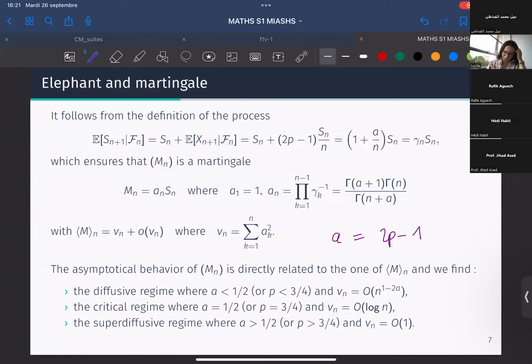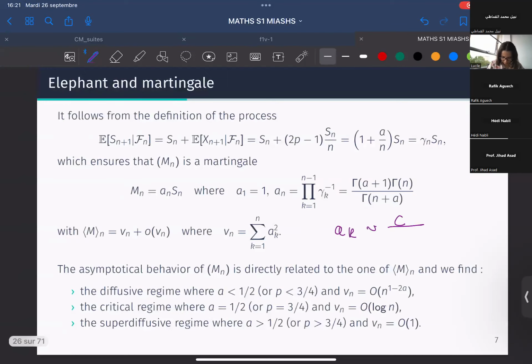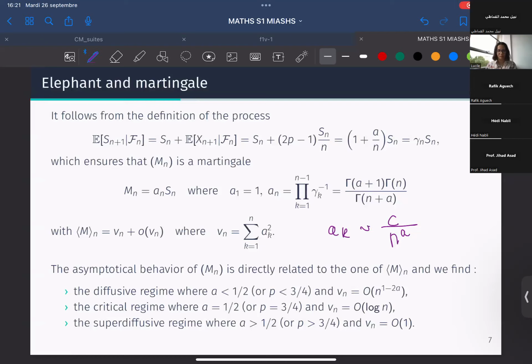This corresponds to the parameter a being greater than 1/2, which means that the parameter p is bigger than 3/4. Please, can you give some information on why exactly 1/2? Yes, this comes from the fact that for the sequence Vn, we have a_k that is, up to a constant, 1 over k to the power a, and so the sequence Vn, the sum of the a_k squared, converges when 2a is smaller than 1, and diverges when 2a is bigger than 1, in which case Vn goes to infinity.